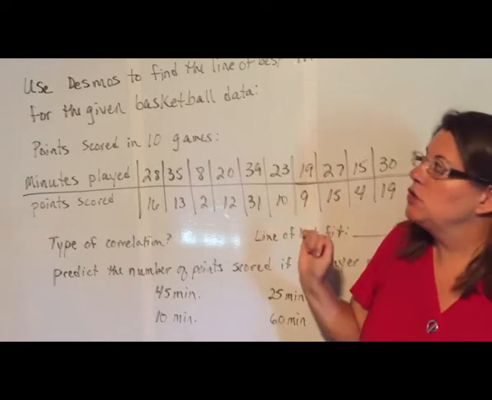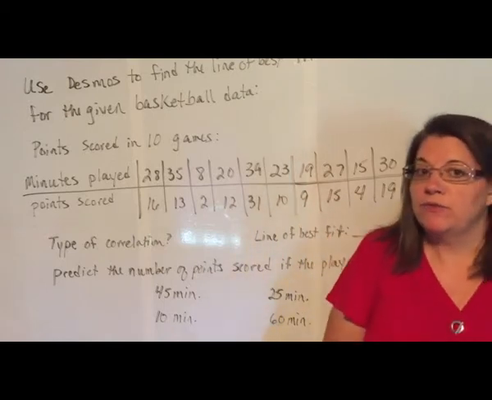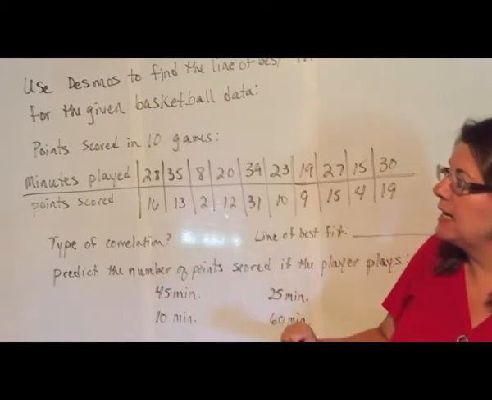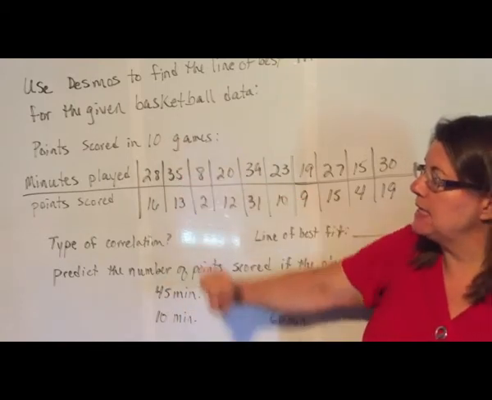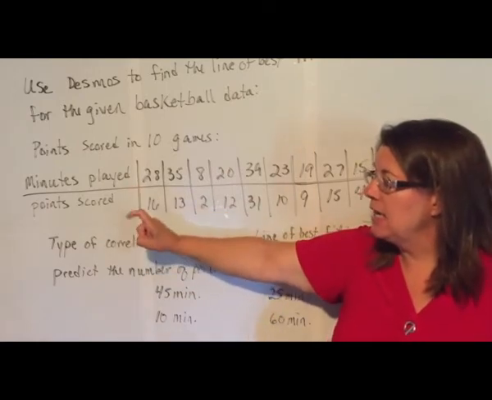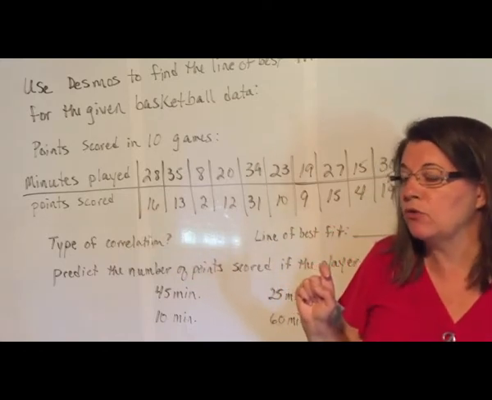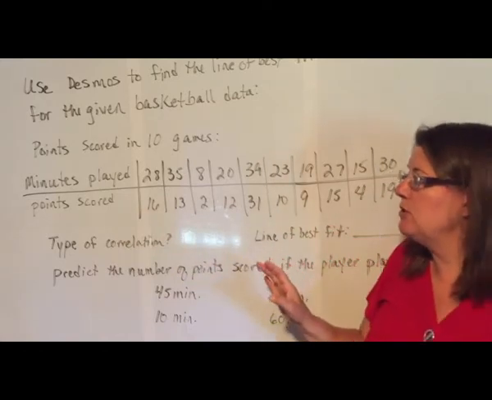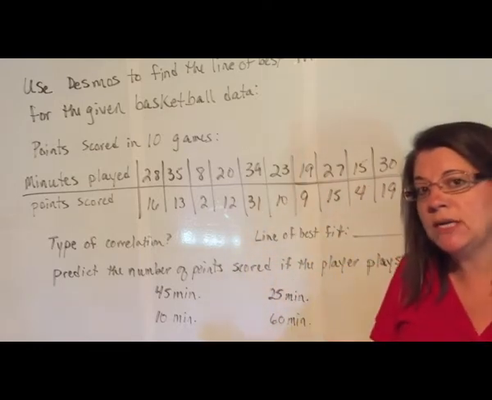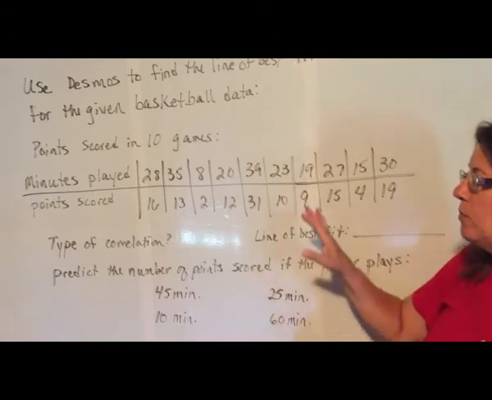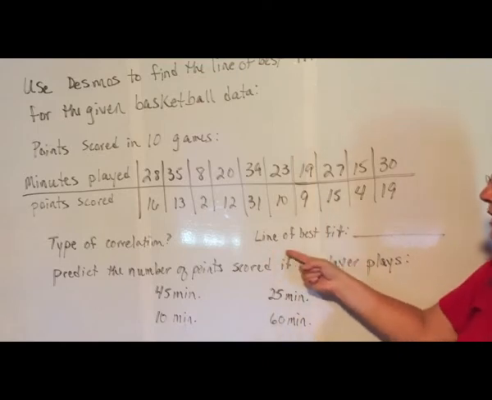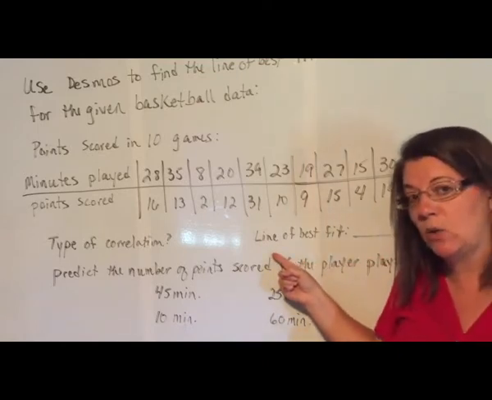Here your directions tell you to use Desmos to find the line of best fit. I've got some data here. We're given some basketball data, points scored in 10 games, based on how many minutes a player played and the number of points that player scored. What I need you to do now is copy this data down in your notes, and I'm going to show you in Desmos how to put this data into your computer and generate a very accurate line of best fit equation.